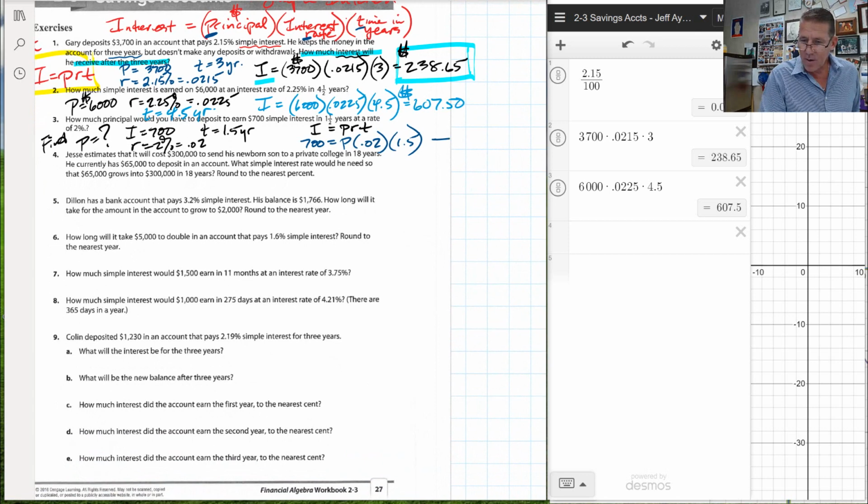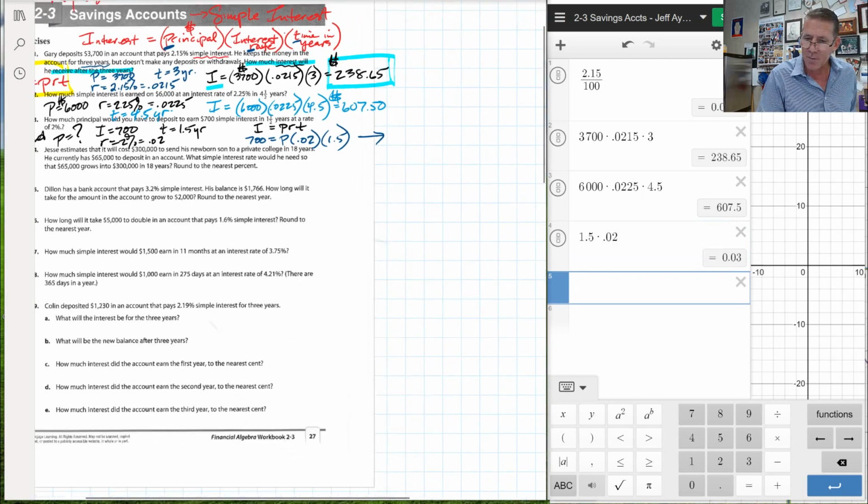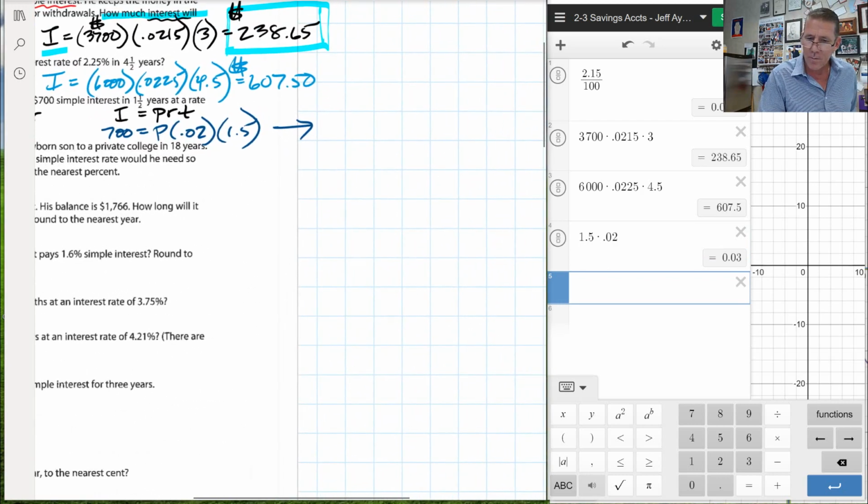So I'm going to go off here to the side. I'm going to simplify this a little bit. I'm going to multiply 0.02 times 1.5. And notice I get 0.03. So I'm going to simplify the equation a little bit here. I'm going to write it as 700 is equal to P times 0.03.